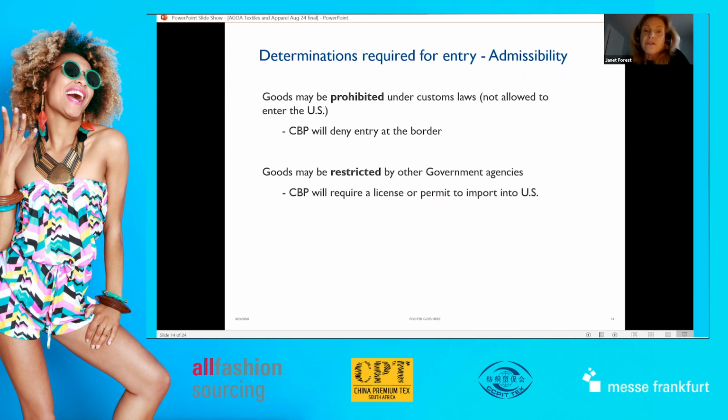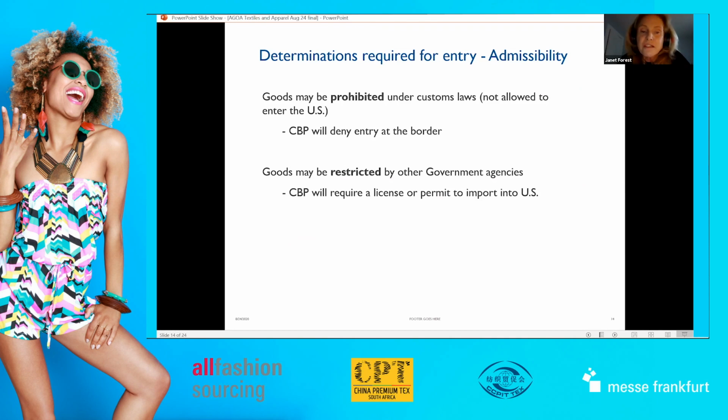The final issue is determining admissibility. Some goods are prohibited, not allowed to enter the US at all. Many goods are restricted by other government agencies. This includes the Food and Drug Administration, US Department of Agriculture, and Environmental Protection Agency.